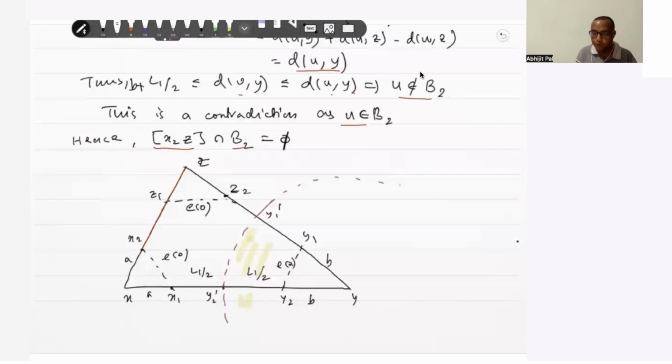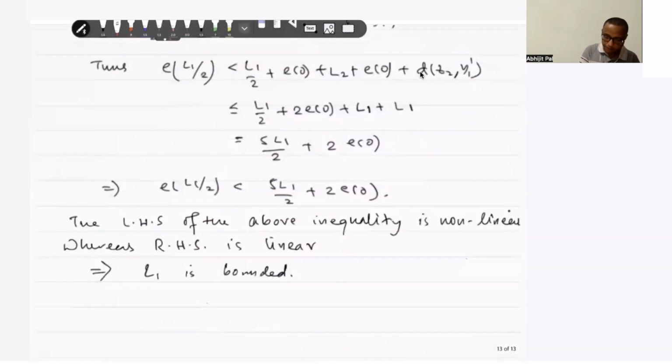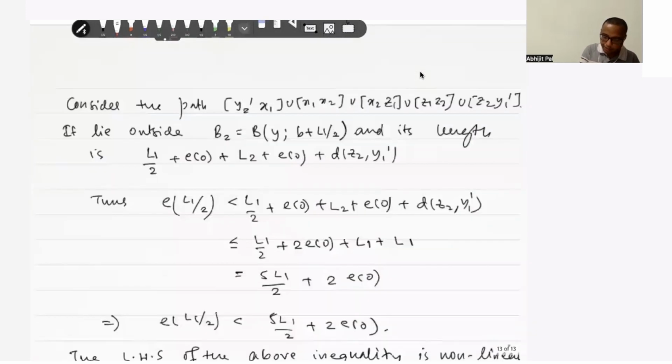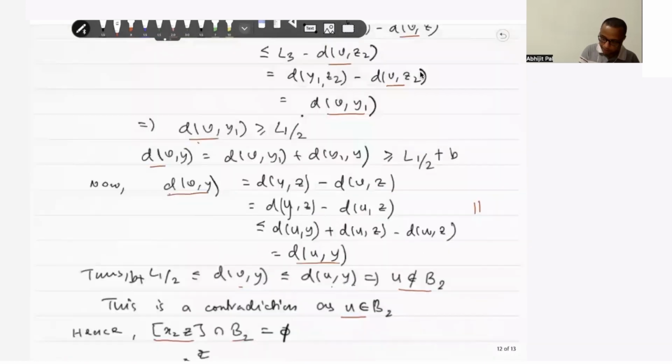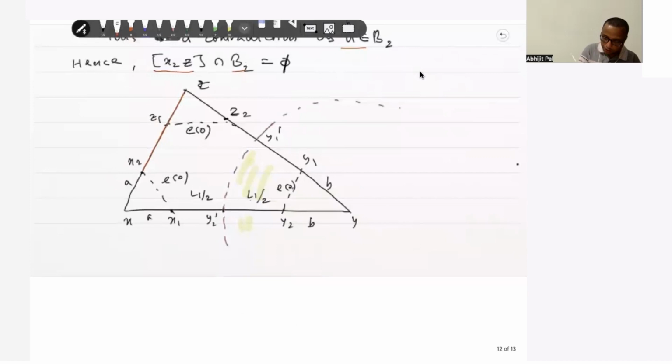So now we are in a situation to apply this divergence function. So now consider the path y2 prime to x1. So what is this y2 prime here? This is my ball B2, so it will intersect the side YX at the point y2 prime and the side YZ at the point y1 prime.